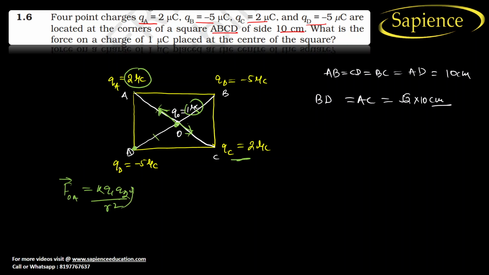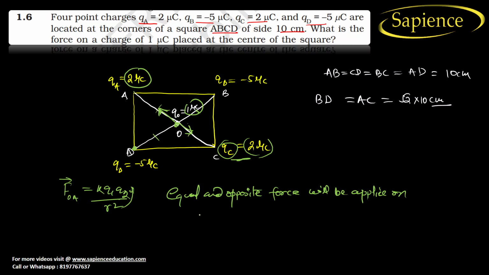If you put this in, you will get the force on charge Q in this direction. Now if you talk about QC, similar charges are placed, so equal and opposite force will be applied.